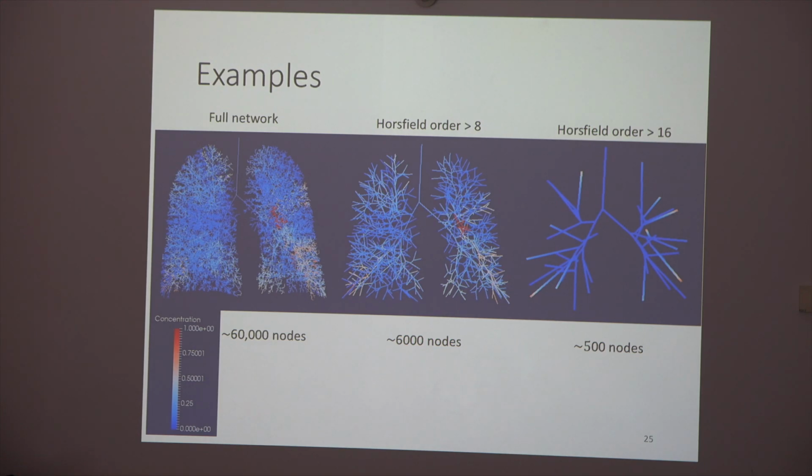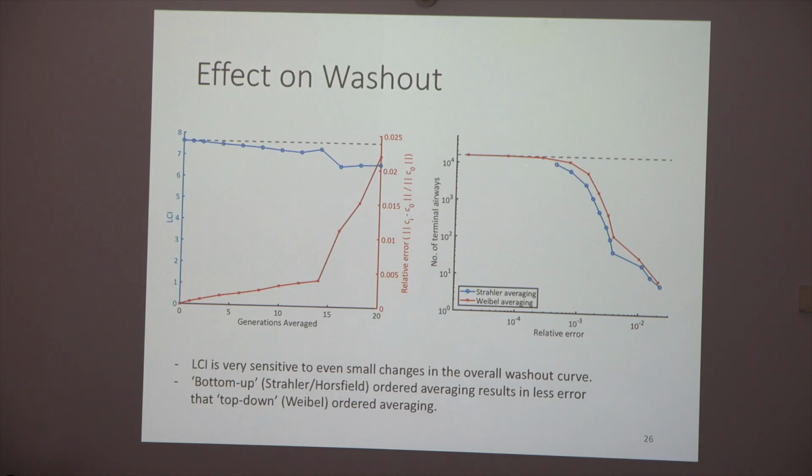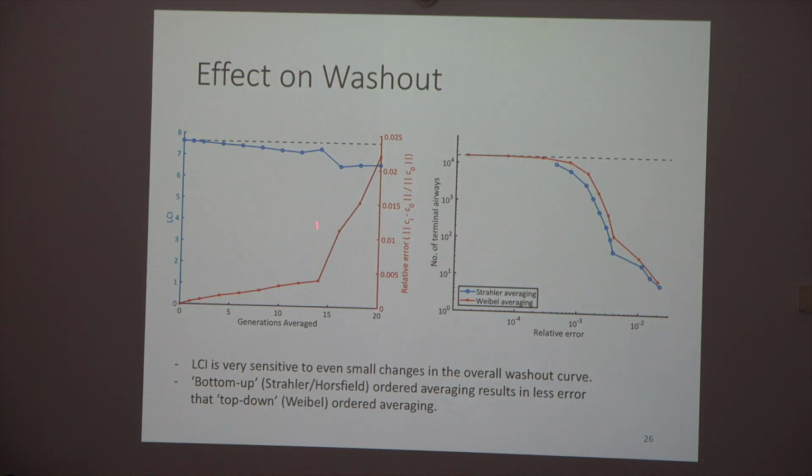There's obviously going to be a point where you lose too much information and your simulations become no better than a really crude trumpet model. So there's a cutoff somewhere to be found. We're looking at this cutoff in a case where there's a slightly elevated LCI, and as you average more and more generations, your LCI drops because you're averaging everything over.